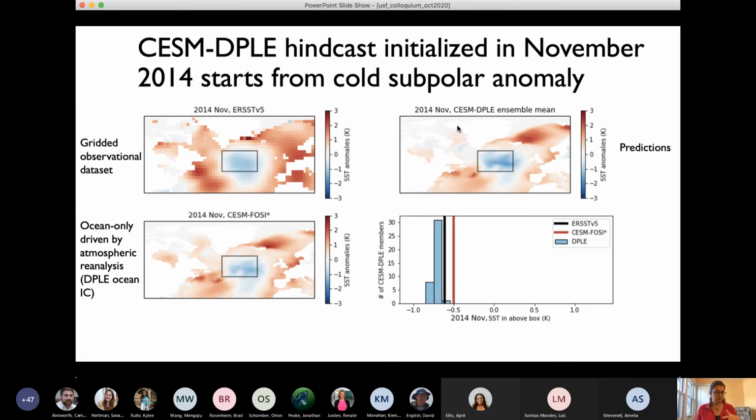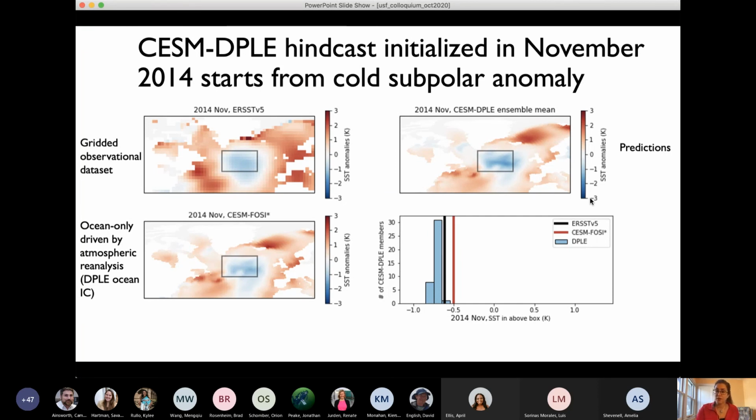So let's take a look at what happened at the beginning. So this is a gridded observational data set. Here's our forced ocean sea ice simulation. So this is where the DPLE's initial conditions are drawn from. And you can use this as a stand-in for truth because it's being driven very strongly by an atmosphere that looks like observations.